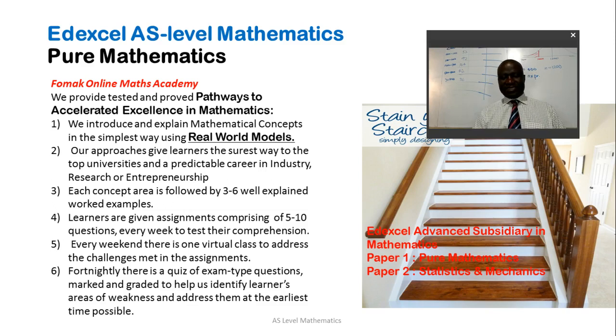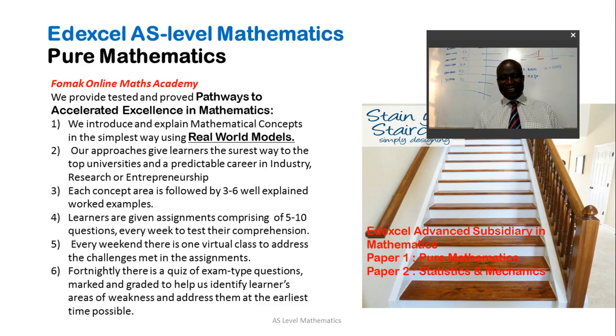In this, you are assured of a predictable career in industry, research, entrepreneurship, or academia. But what is important in this program, mathematics is a key requirement. Not only mathematics, high scores. And that is why we are here to work with you every week, every month for the next one academic year to ensure that you qualify for these top grades in mathematics.